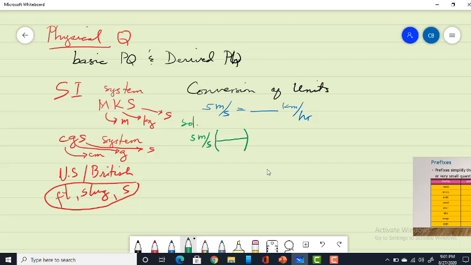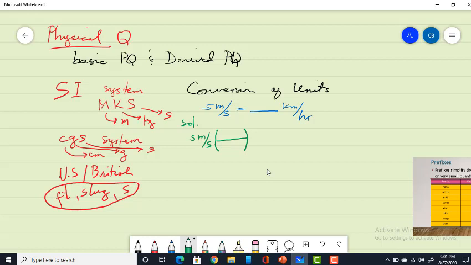But take note, you want to convert meter into kilometer. So you need to familiarize yourselves with the basic conversion factors. I cannot give you a hint, because you have to memorize these conversion factors.